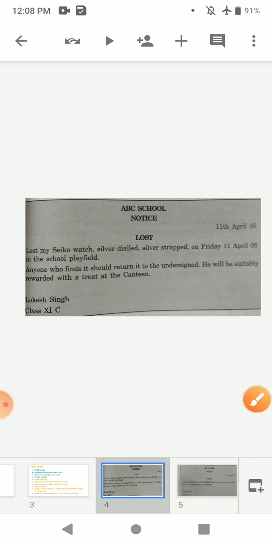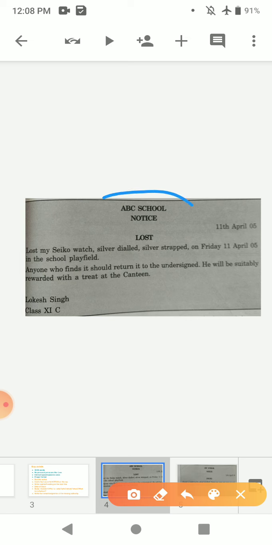So this means he has lost a watch and he has decided to put a notice in order to get his watch back. So he writes a notice, and the name of his school is, for example, anything. He has written ABC school. So he is a student of this school, so he writes ABC school, and then he writes notice in bold letters. Then he writes the date on which he is writing the notice, and then this is about something he has lost, so he writes lost.